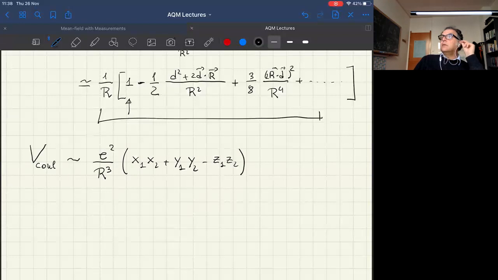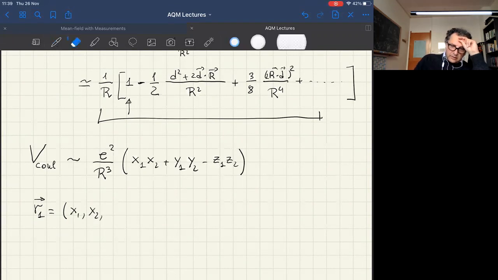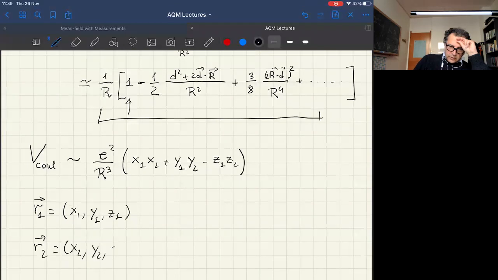What are these things? Let me write it this way. R1 is equal to x1, y1, z1. And R2 is equal to x2, y2, z2. These are the two coordinates.